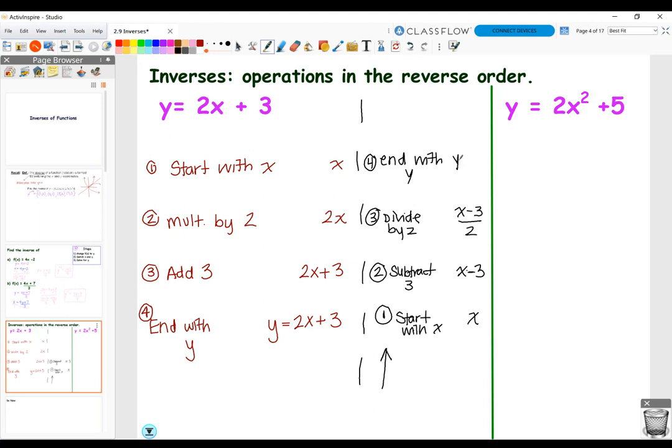So I get y is equal to x minus 3 divided by 2. Here is my inverse function. This is another way to do it if you think about it verbally, and I think that way is pretty cool because we're actually seeing the function being built and then we're breaking it down. All right, try the next one on your own if you can.